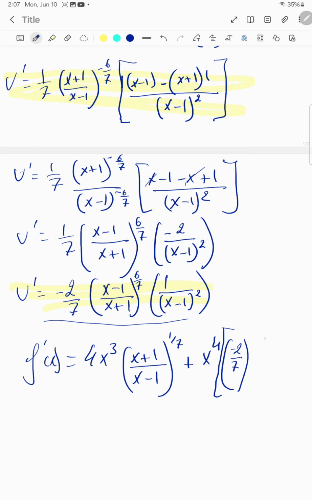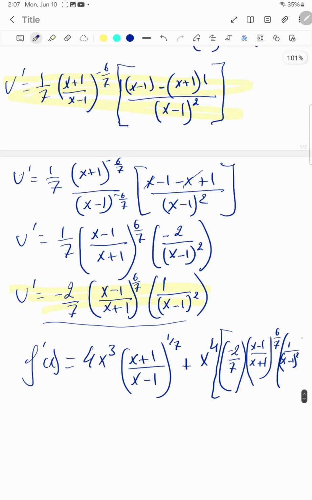Actually, let's open this, and (x minus 1) divided by (x plus 1) to the power of 6 over 7 times 1 divided by (x minus 1) squared. Okay. u prime v plus u v prime.